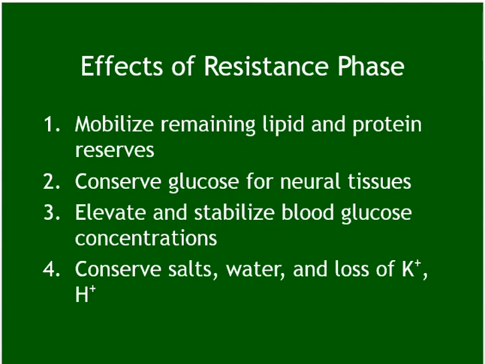You conserve glucose for neural tissues. You don't use it all for the fight because you are going to break down your nervous system. Blood glucose starts to increase. You keep your salt and water for yourself to keep your blood pressure, not increase it, keep it, because you're resistant.